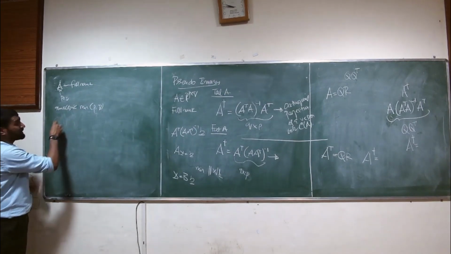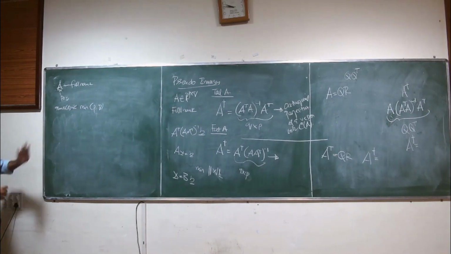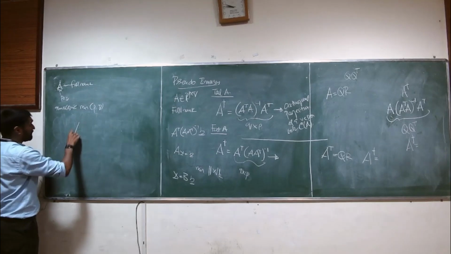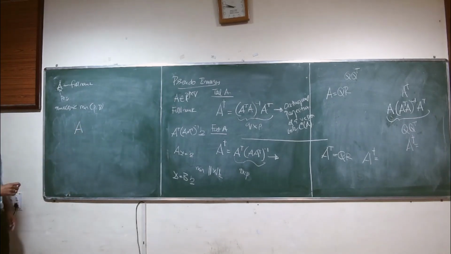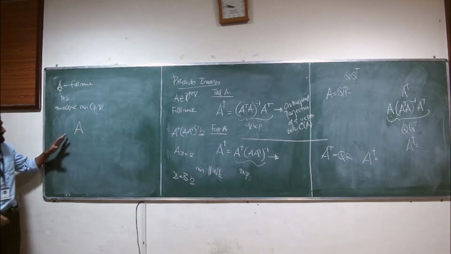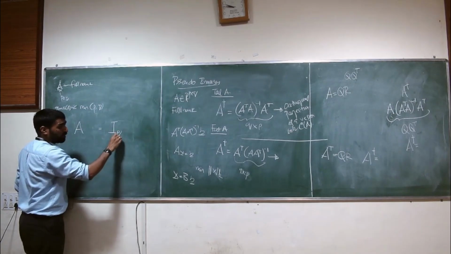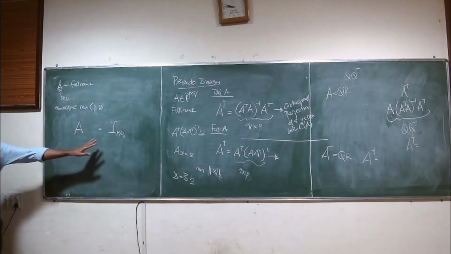If A is square, of course, then you don't have an inverse. If A is tall, then also you don't have an inverse. So that means if A is not full rank, there is essentially nothing you can do to get IP or IQ. This you cannot get anymore.